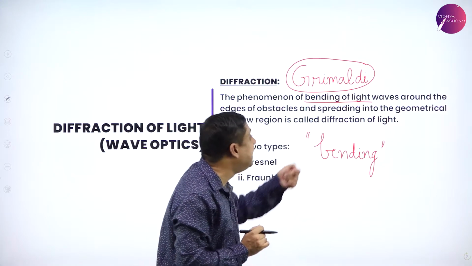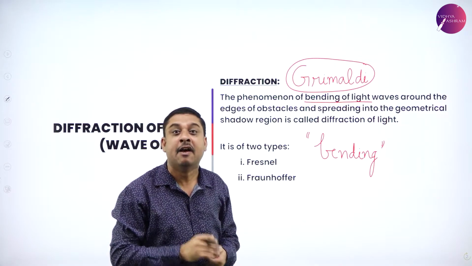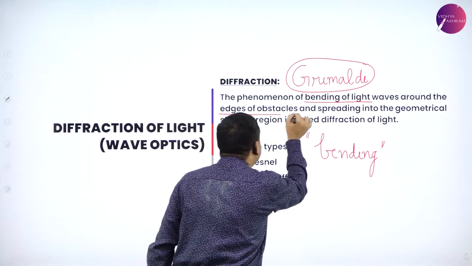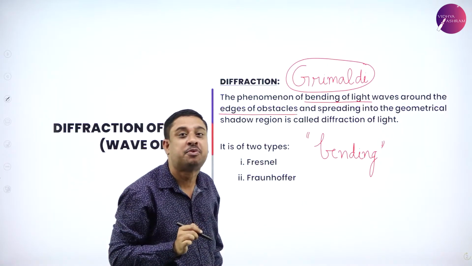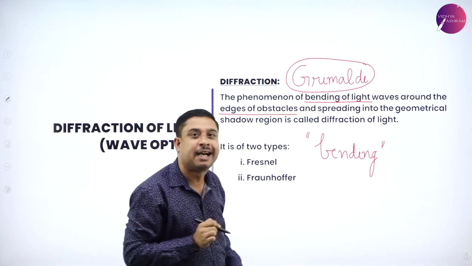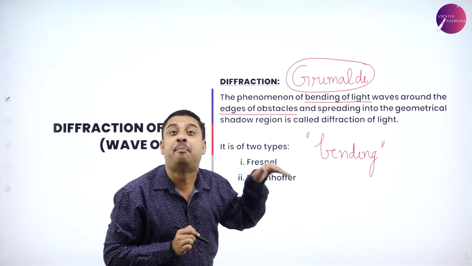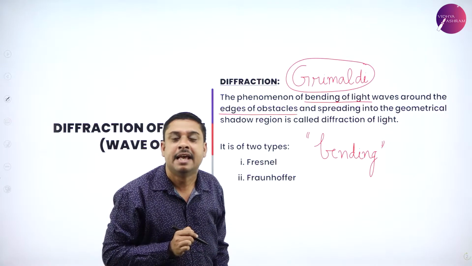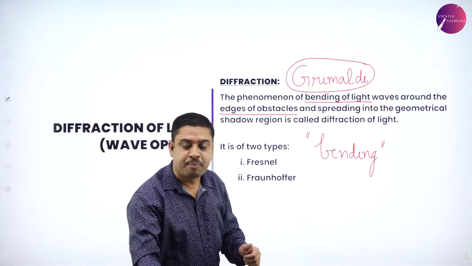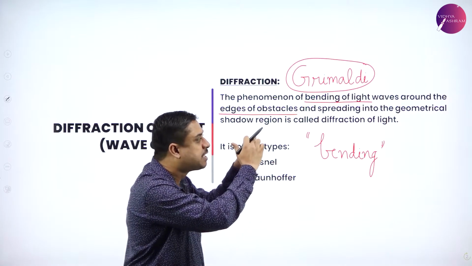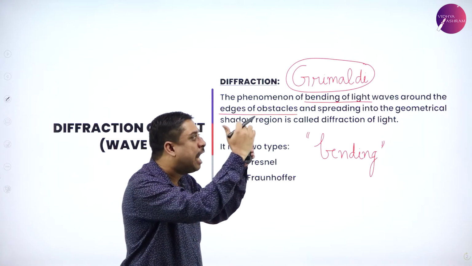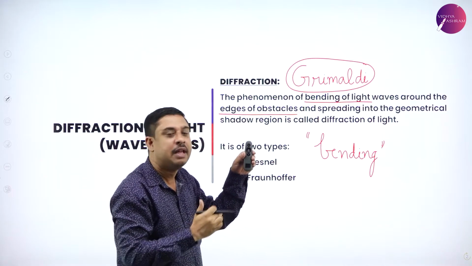It is bending of light, where around the edges of obstacles, if there is an obstacle, a barrier in the path of a light wave, I place some obstacle, some barrier in the path of the light.